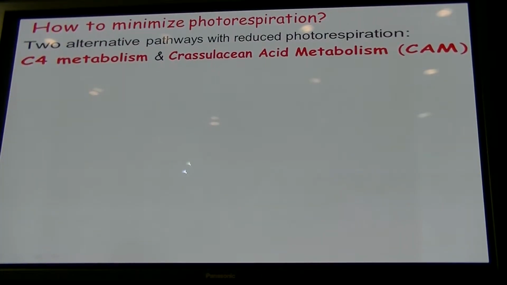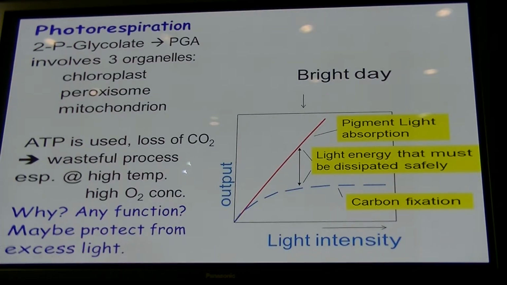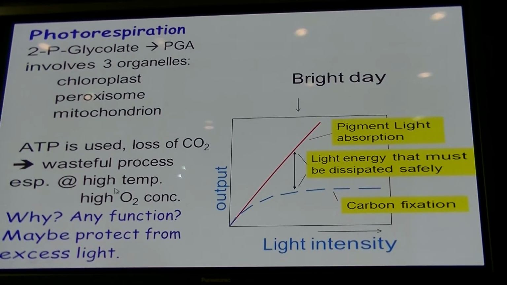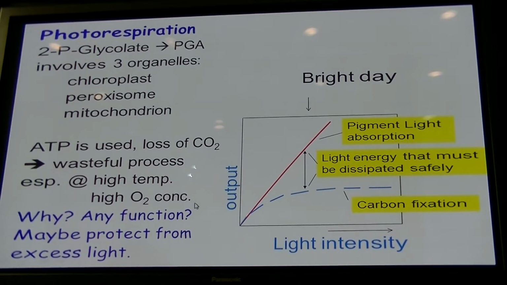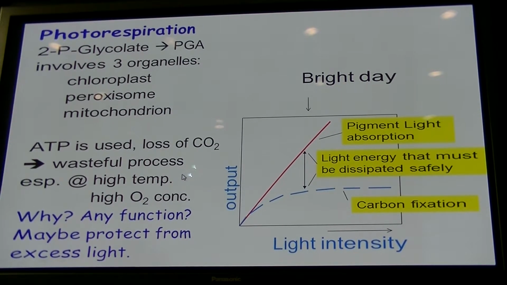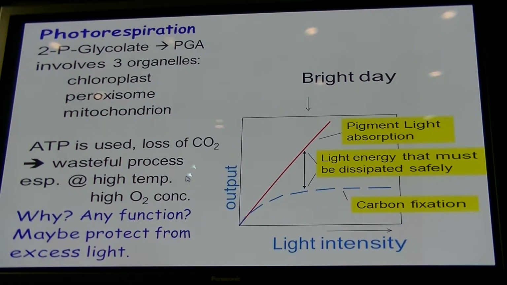So photorespiration is a problem in agriculture. And it's a problem for some plants, especially if they're growing at high temperatures. Because at high temperatures, plants transpire a lot of water, and plants have little holes in their leaves that allow them to transpire that water.